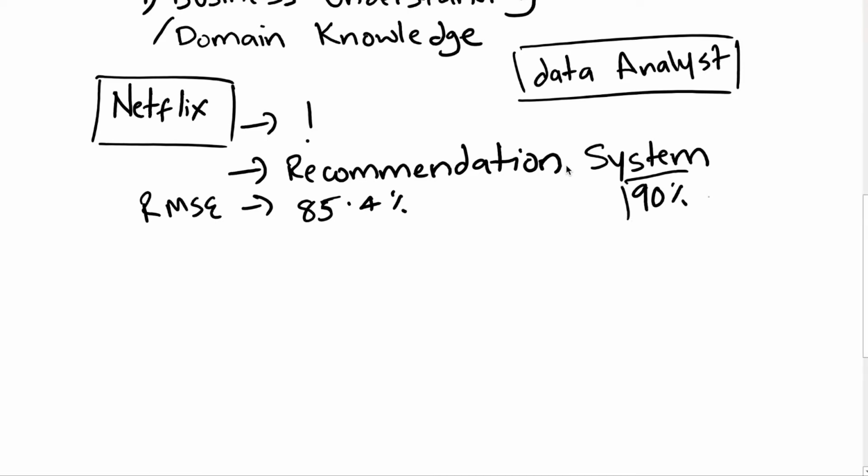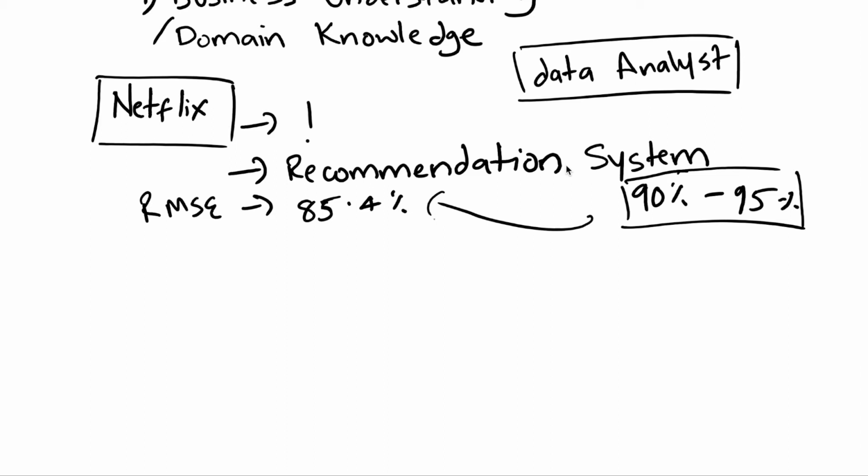I think it was 90 or 95%. I don't remember off the top of my head, but it was around the 90s. And most of the companies tried to lower the error rate. One of the teams that actually won the $1 million reward by Netflix managed to reduce the error rate to 85%, which was a significant improvement.